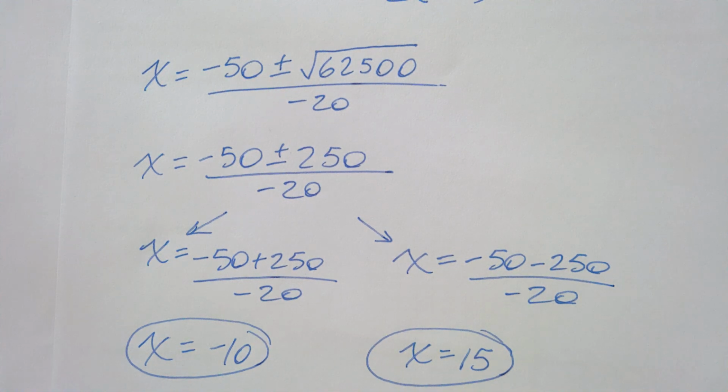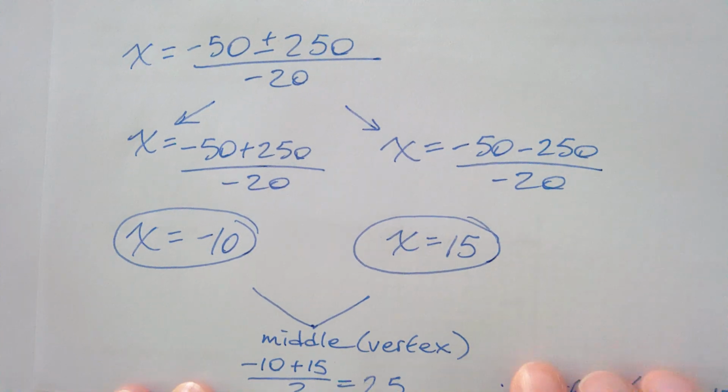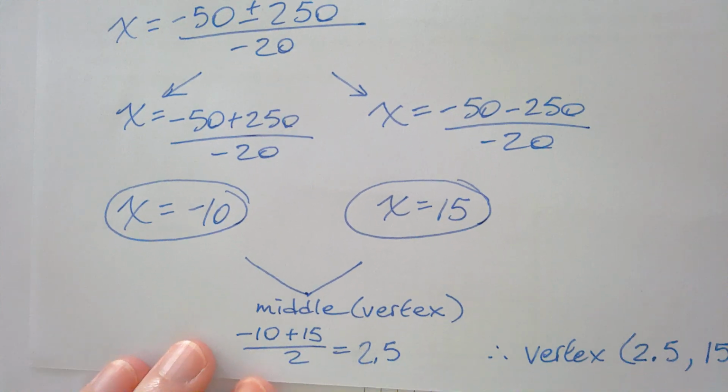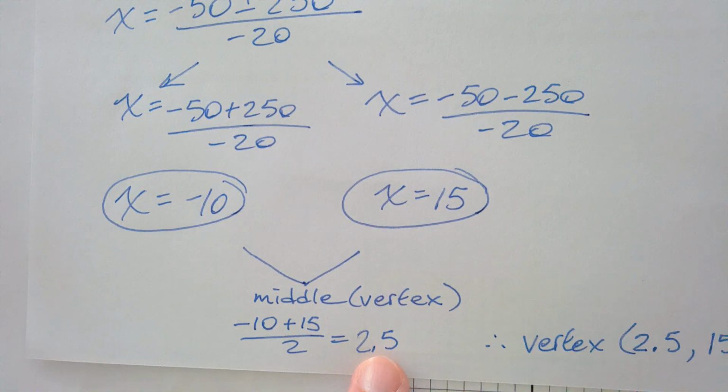Remember, all parabolas are symmetrical. So if you have your two x-intercepts, how do I find the vertex? Where exactly is the vertex? Yeah, the middle, right? If you figure out the middle between negative 10 and 15, you'll see that the middle is at 2.5.